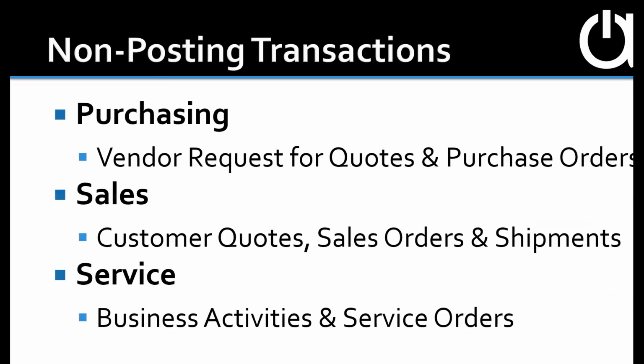But since they no longer exist inside of QuickBooks, we need to go to Acctivate and say, how many open purchase orders do I have and what's the value? Because at some point, I'm going to owe that money. Same thing with sales. How many orders are out there waiting to be fulfilled, because that's going to be money in at some point. And then business activities, which are generally RMAs.